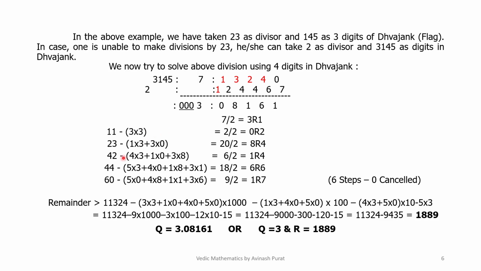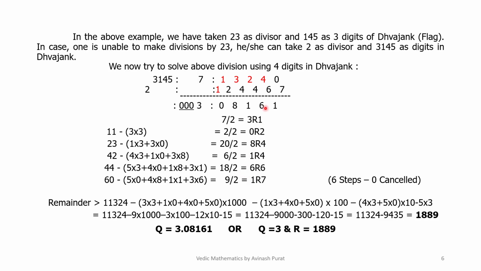So 42 is the next dividend minus 4 into 3 plus 1 into 0 plus 3 into 8, that is equal to 6, divided by 2 equal to 1 is the quotient and 4 is the remainder. Now 44 is the next dividend minus 5 into 3 plus 4 into 0 plus 1 into 8 plus 3 into 1, that is 18, divided by 2.